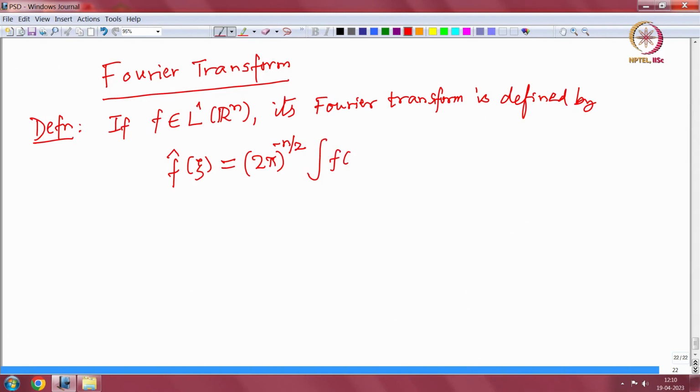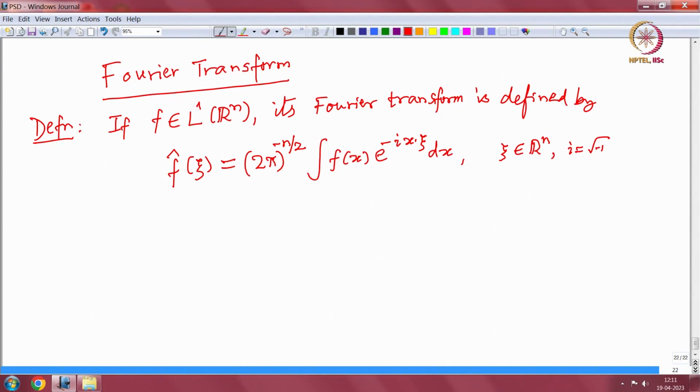So, let me not write that: e to the minus i x dot j dx. Here j is in Rn and i is the imaginary square root of minus 1.